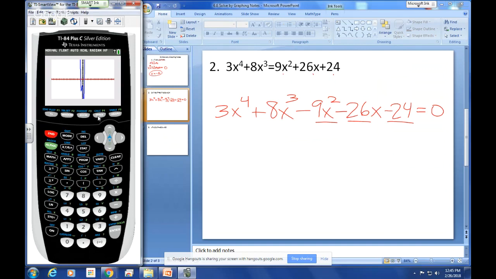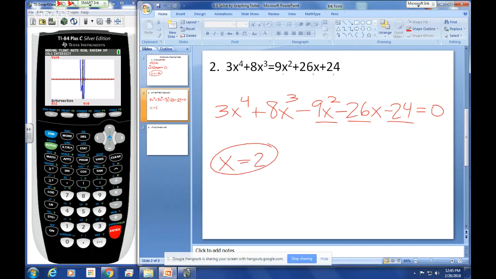So I hit second, calc, intersect again. And again, I'm going to hit enter until this says intersection. 1, 2, 3. Okay, and it tells me that x equals 2 is one of my answers. So I just say x equals 2 is one of them. And I'm only going to be able to find one other one, and I can see it right here.